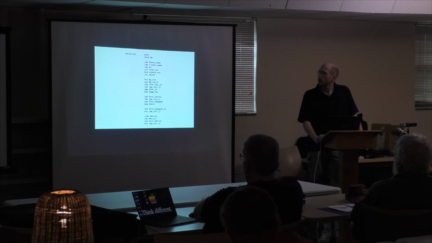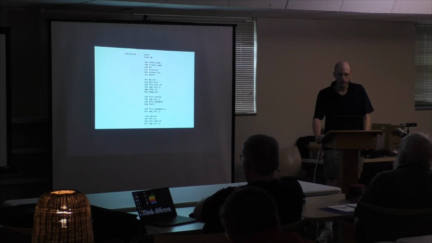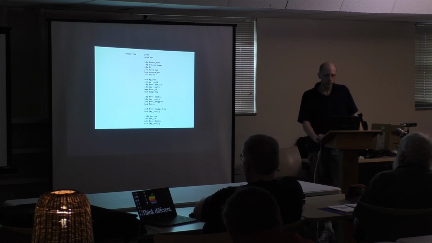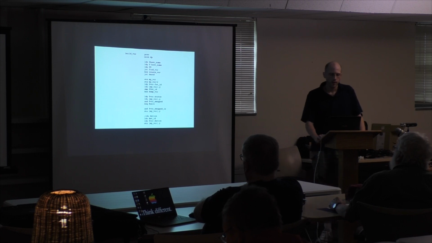Now, to build a volume control record, we have a hard-coded name for our device, which makes it easy. So we try to find an existing volume control record with our name, and if it doesn't exist, we create a new volume control record.